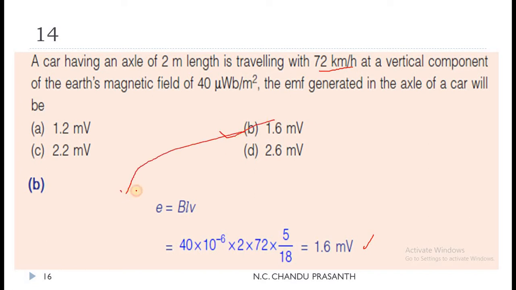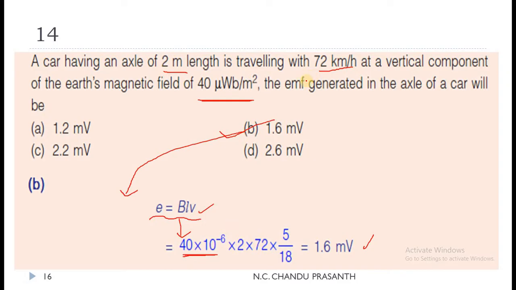How it will come is E equals BLV. Here we have the formula. B, the magnetic field, they mentioned 40 microweber per meter square. What is the L value? L value is 2 meters, they already mentioned in the problem, 2 meters length.